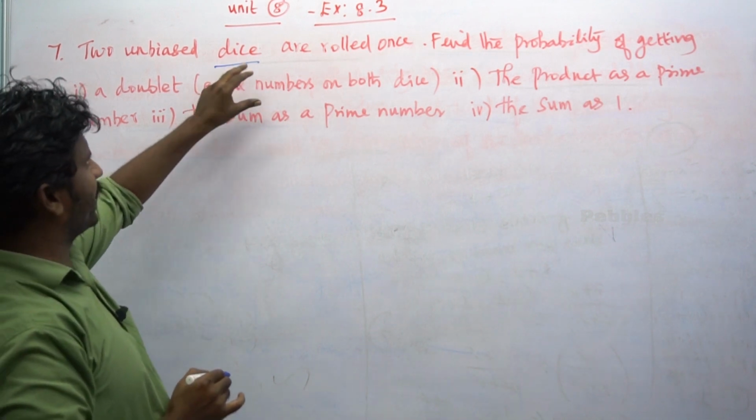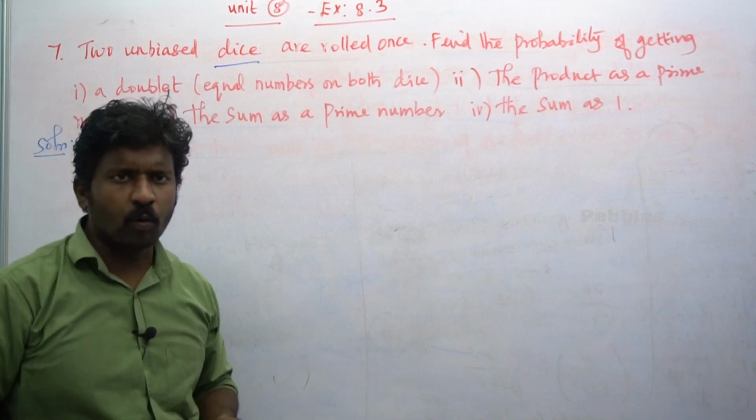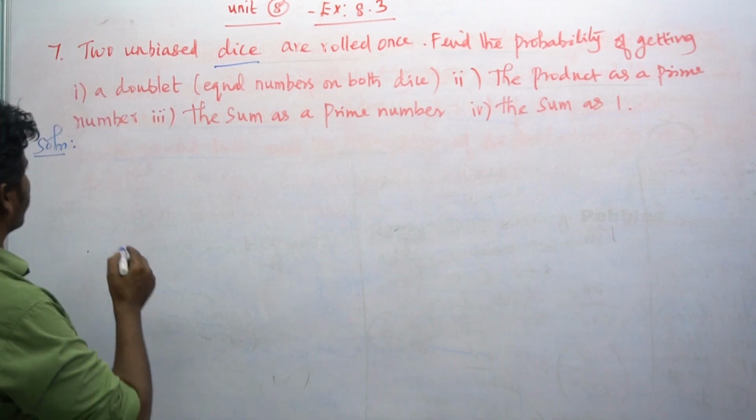Two unbiased dice. ரெண்டு dice வந்து உருட்டி விடும்போது sample space எப்படி இருக்கும் பாருங்க.